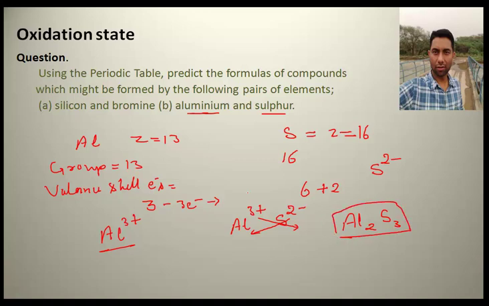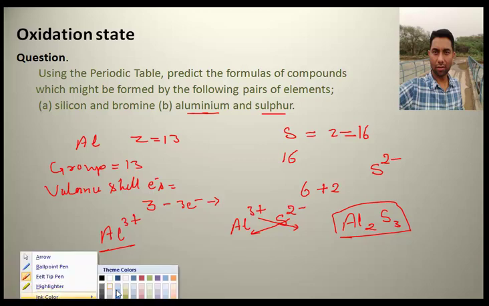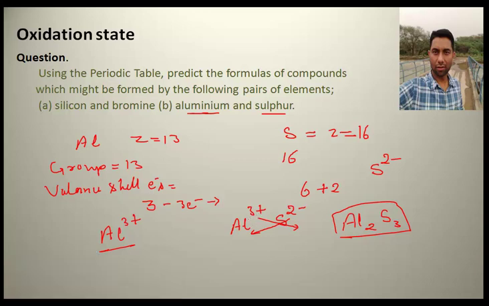So this will be the formula of the compound formed by combination of aluminium and sulfur. And what will be the oxidation number on individual species? For aluminium, as we have discussed, it will be +3, for sulfur it will be -2.